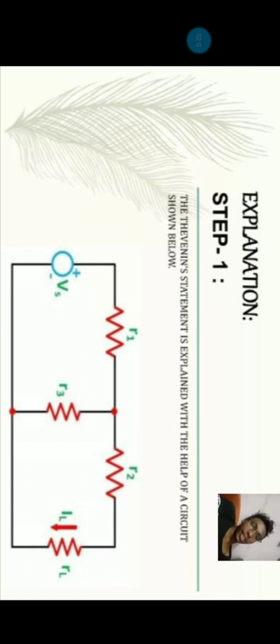Step 1: the Thevenin statement is explained with the help of the circuit shown below. The voltage source and resistors are R1, R2, R3, R4. Here we are not finding any load resistor; we are just finding the load resistor at RL, where the current is going downwards.